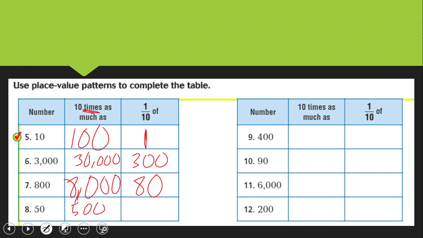And then 1/10 of 50 is 5. Then we have 400 over here. 10 times 400 is 4,000. And then 1/10 of 400 is 40. We have 90. Our number is 90. 10 times as much as 90 is 900. 1/10 of 90 is 9.